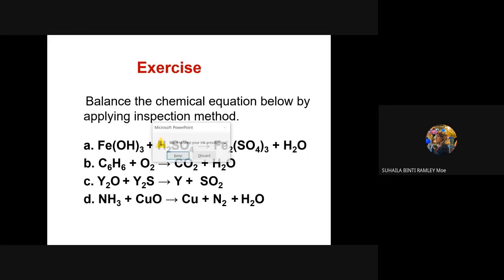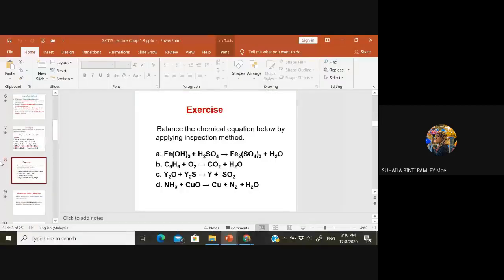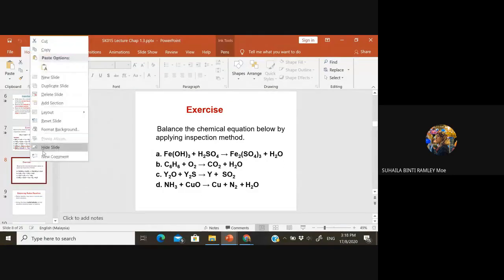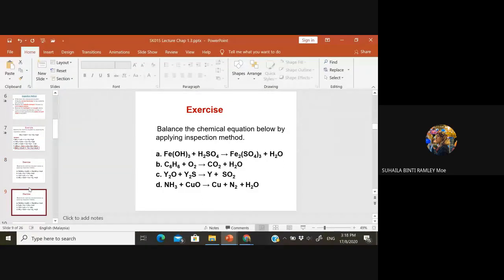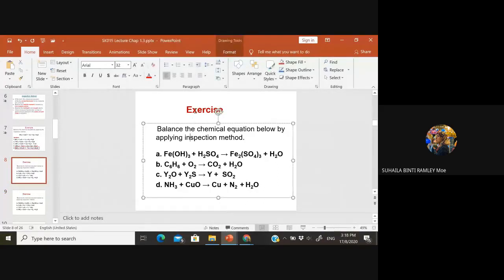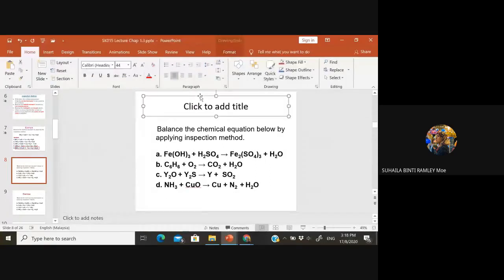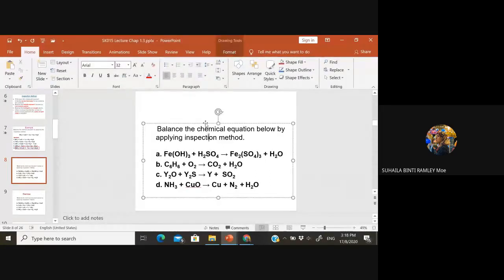Sekejap. Right, so far ada question tak yang ini? Okay, kalau untuk yang lain, untuk yang ini kena you try sendiri lah. Cuba dia. Mostly dia punya question kan lebih kurang sama saja.